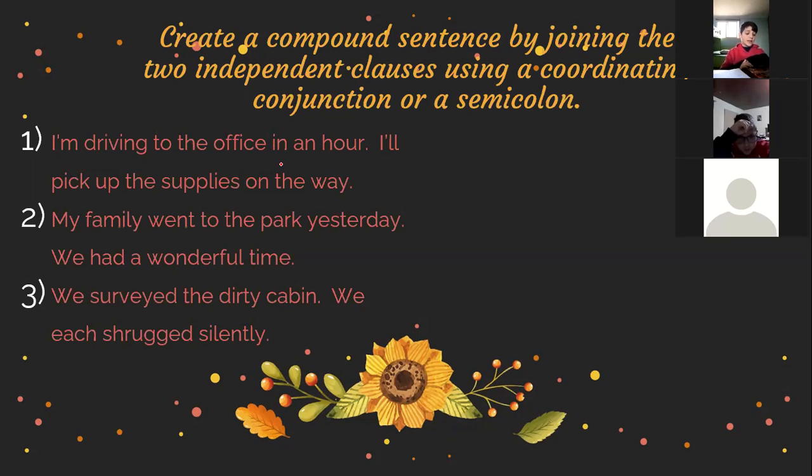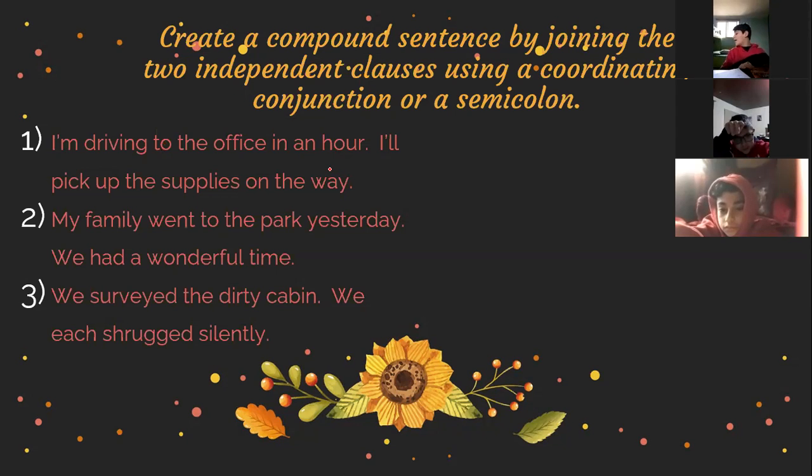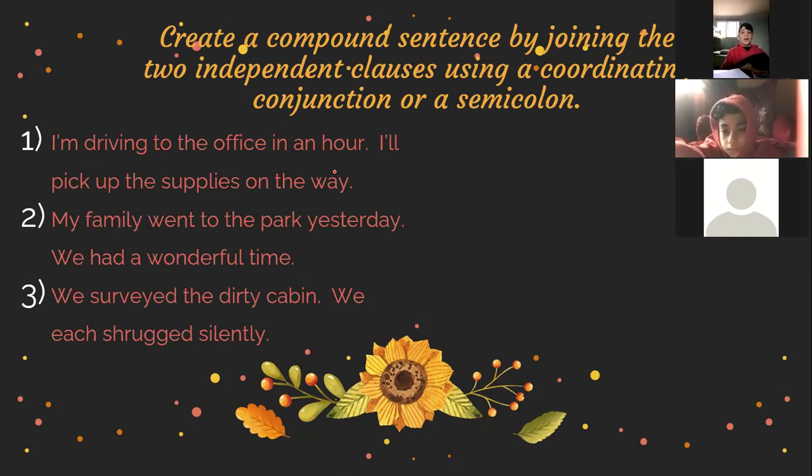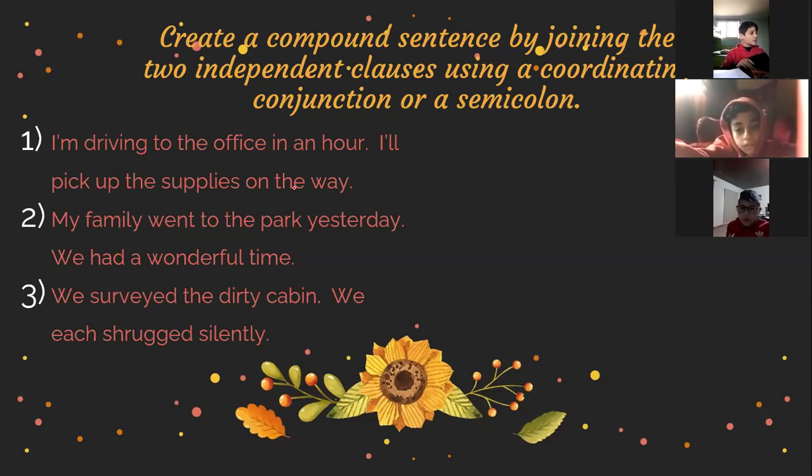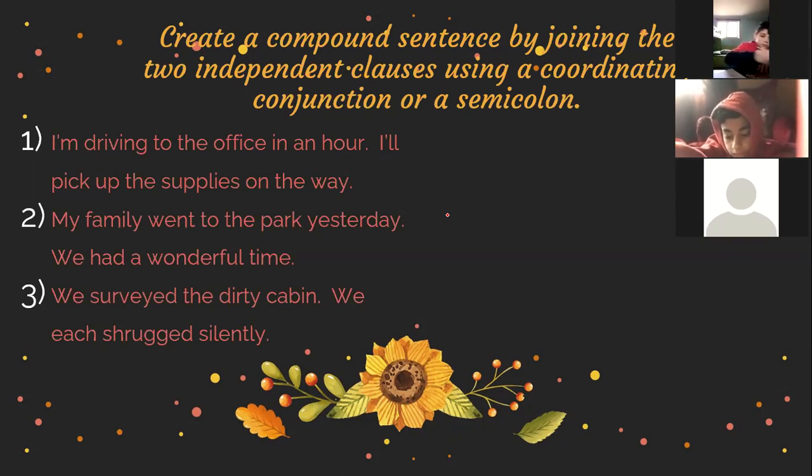First one, I'm driving to the office in an hour. I'll pick up the supplies on the way. Here the first sentence is giving me just information. The second one doesn't show opposite ideas, it doesn't show a choice, negative choice or positive choice, or contrast, or a result, it's adding only information. So when it's adding information, what conjunction must I use?